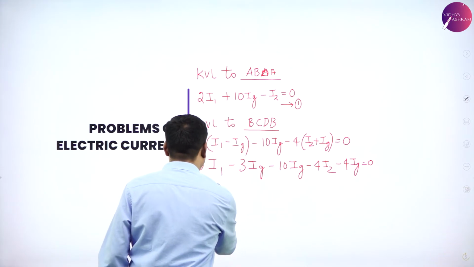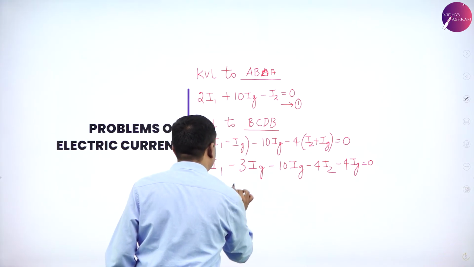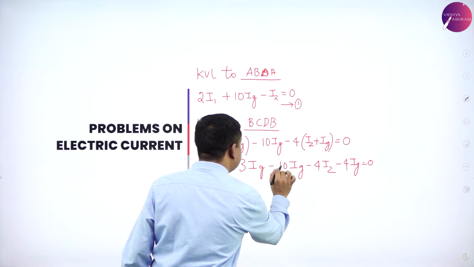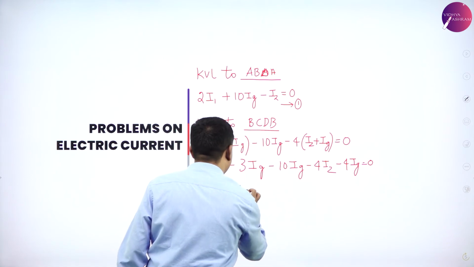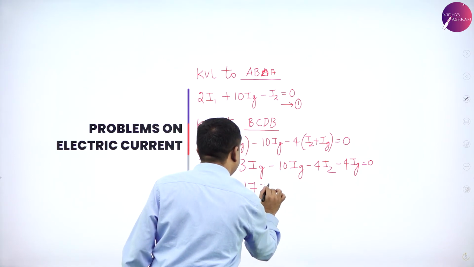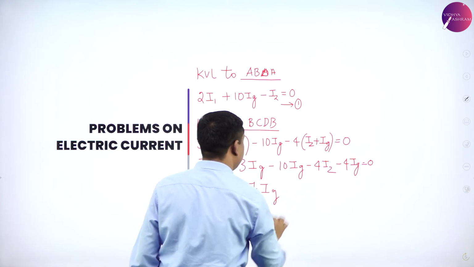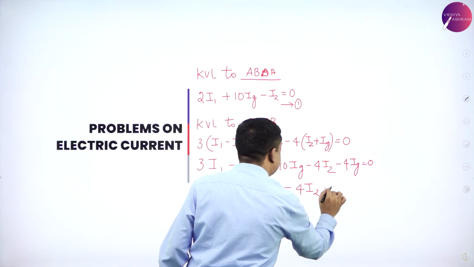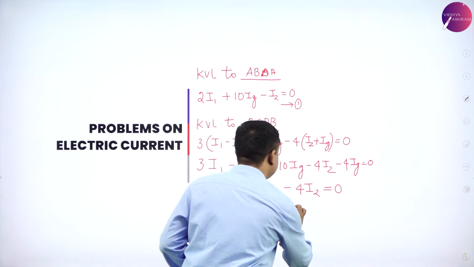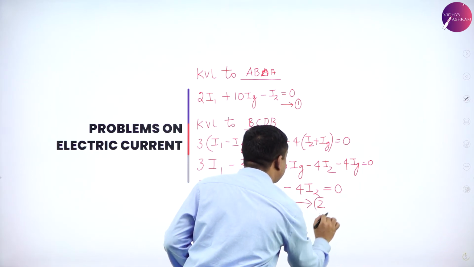Or this is 3 times I1 minus 3 minus 10 minus 4, that is 17 Ig, minus 4 I2 is equal to 0. And this forms equation 2.